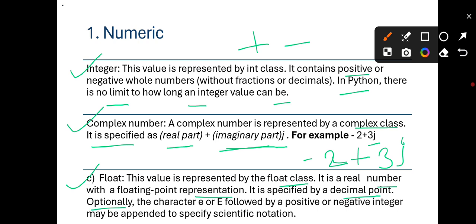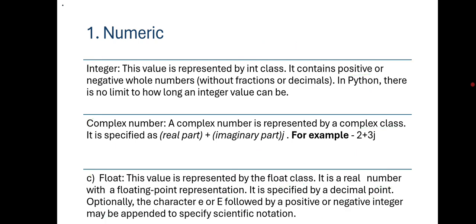Optionally, the character e or capital E followed by a positive or negative integer may be appended to specify scientific notation. Appended is nothing but added to the last number or last character.